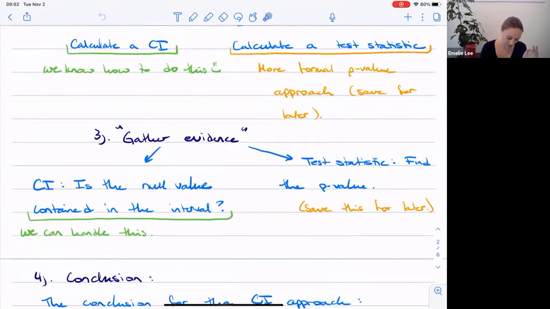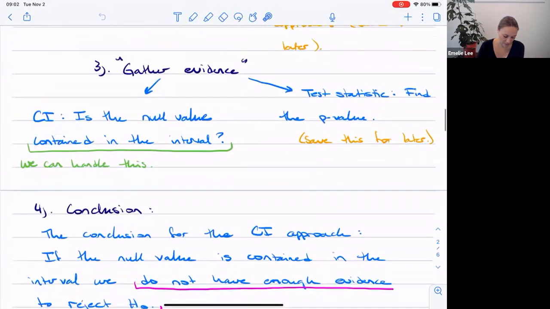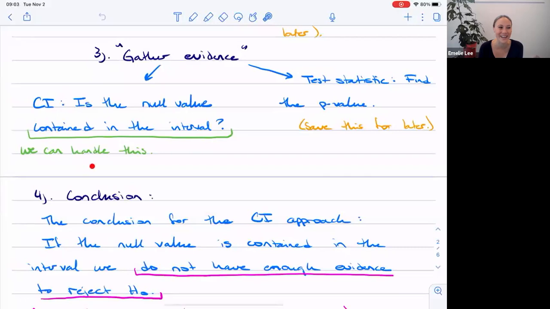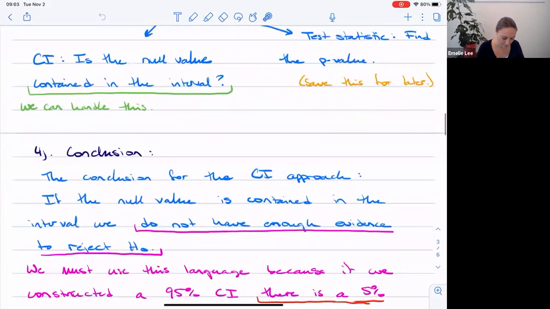So in terms of if we've built a confidence interval, so we're going to focus on this stream right now, we want to see, is the null value contained in the interval? We can check to see if the null value is inside the interval or not, right?